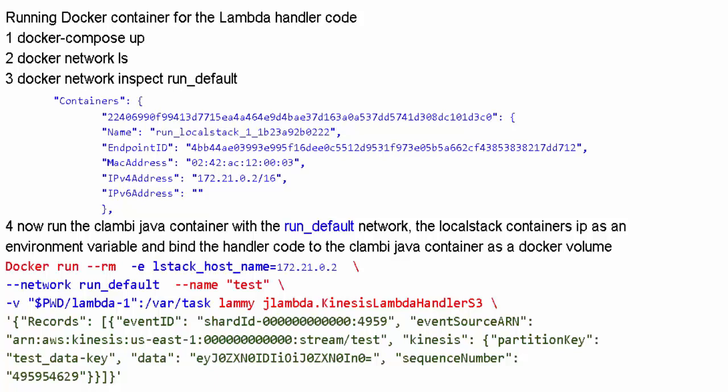After we've built our docker-lambda Java container, we can run it with the default network and the Localstack container's IP as an environment variable. So we docker run, we set a Localstack variable with the Localstack IP, and we declare the network as run default, and then we pass in the Kinesis event JSON as an argument to our Lambda function handler, which in this case is Kinesis Lambda handler S3.